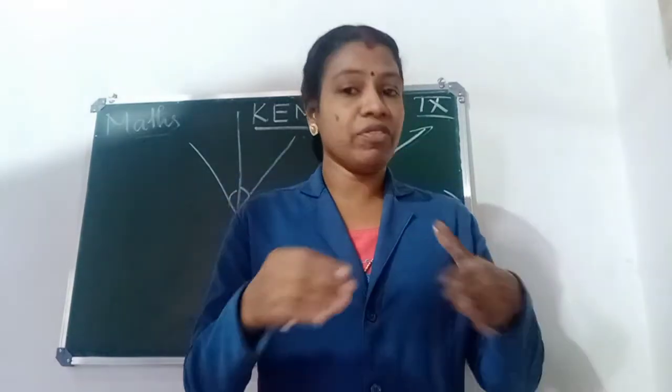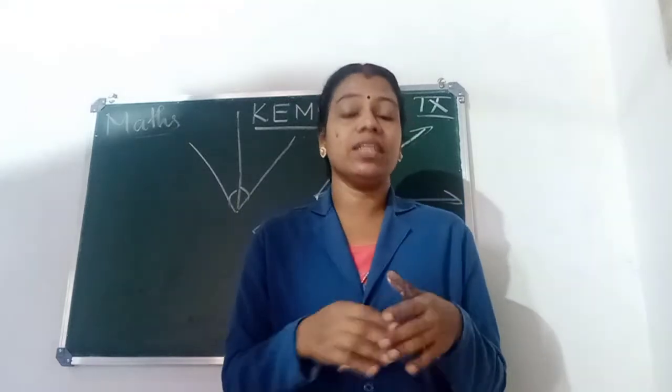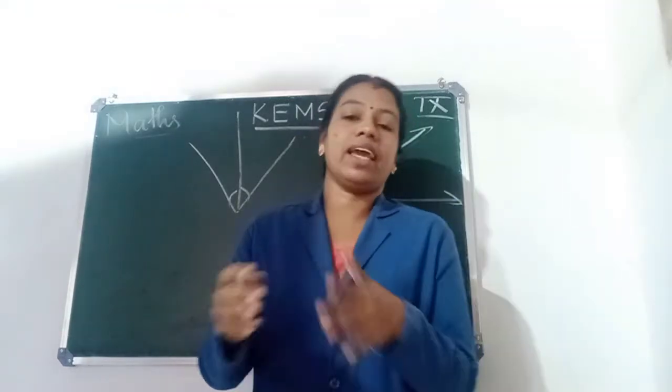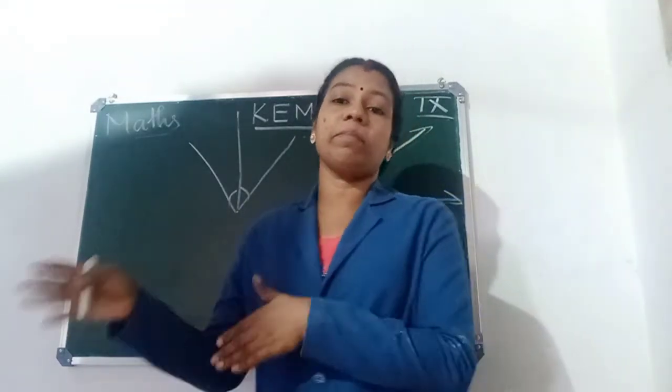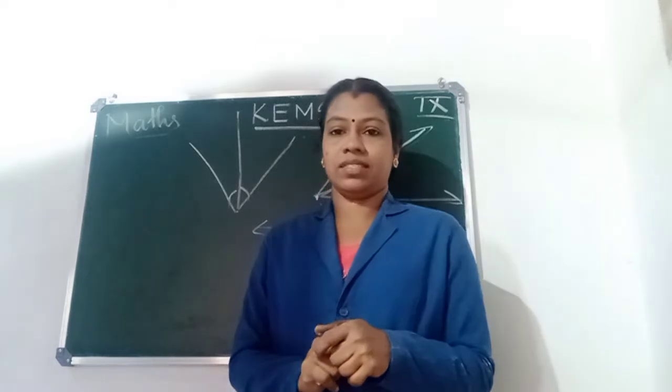That is, the sum of the two adjacent angles is 180 degrees. Then they are called a linear pair of angles.